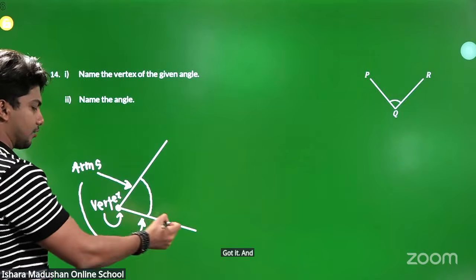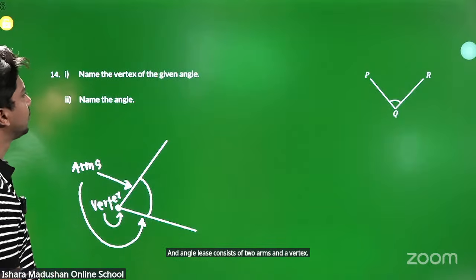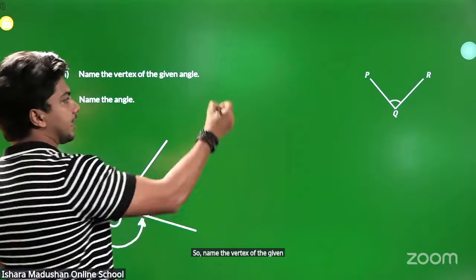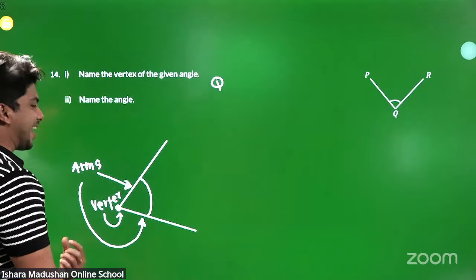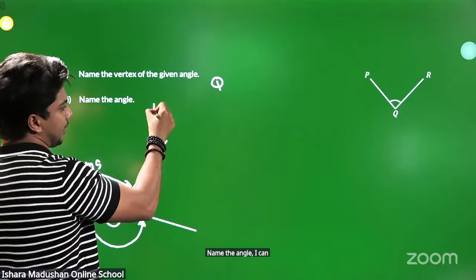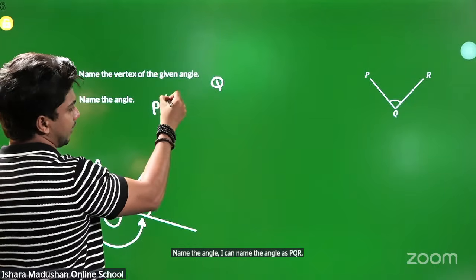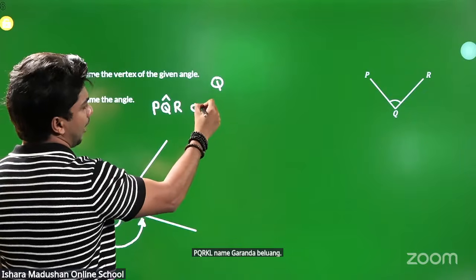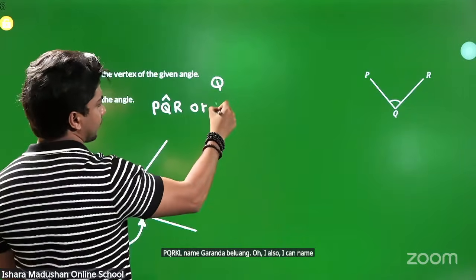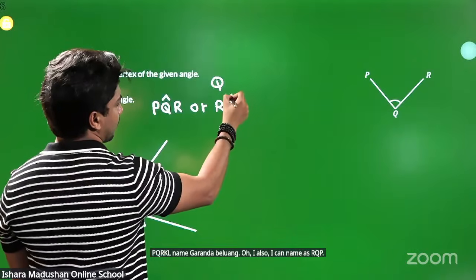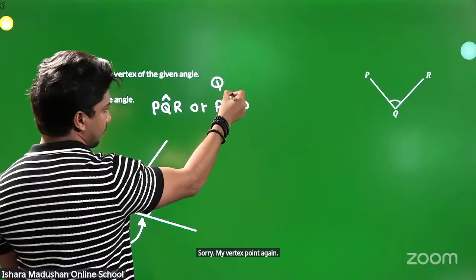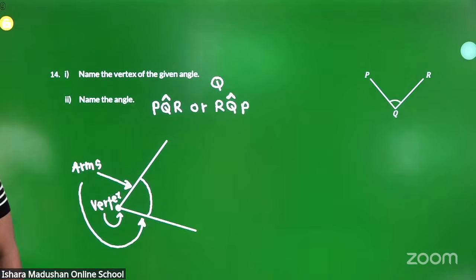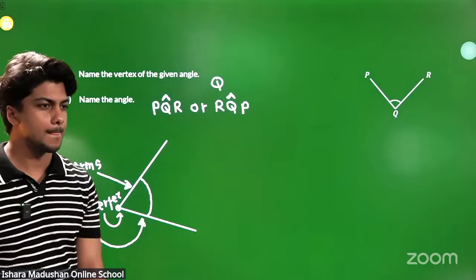An angle consists of two arms and a vertex. So name the vertex of the given angle. The vertex is Q. Name the angle. I can name the angle as PQR, or I can name it as RQP. At the vertex point, we have to put a sign like this. Okay.